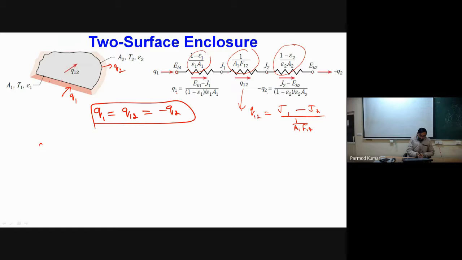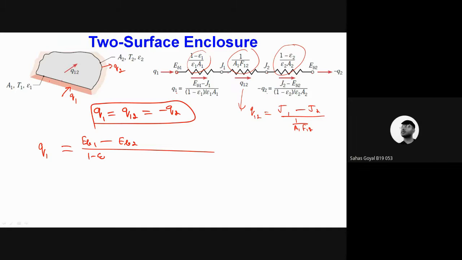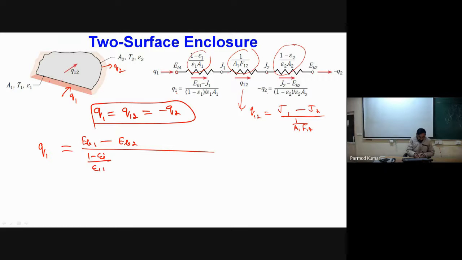To find the total heat transfer using the complete circuit, EB1 minus EB2 divided by, can you tell me what will be the total resistance in the denominator? The summation of all three resistances, yes, because it's a series situation: (1 minus epsilon 1) over epsilon 1 A1, plus 1 over A1 F12, plus (1 minus epsilon 2) over epsilon 2 A2. So this is a simple resistance analogy.